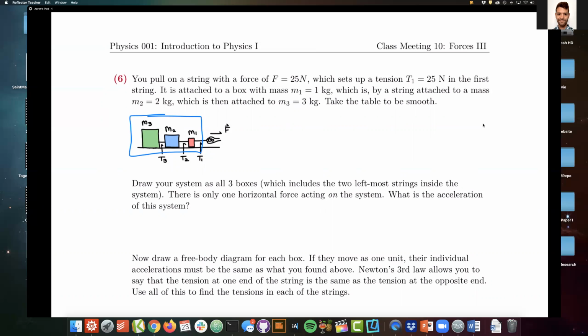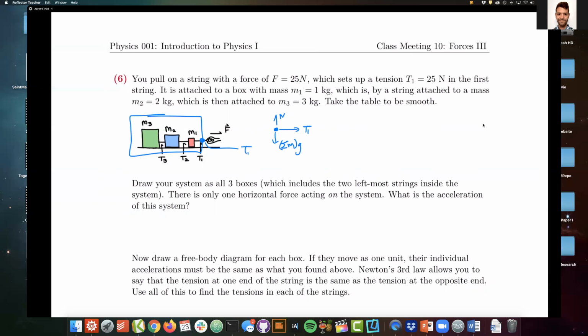In this case, if I define my system as the 3 boxes as a whole, with the 2 strings T2 and T3 inside the system, then the only force that matters is T1. The free body diagram in this case is just T1 pulling to the right, and then there's the gravity of everything and the contact force, which is not super meaningful in this case.